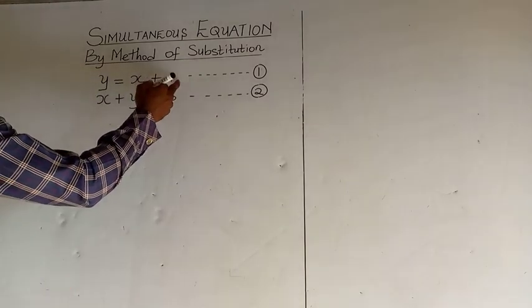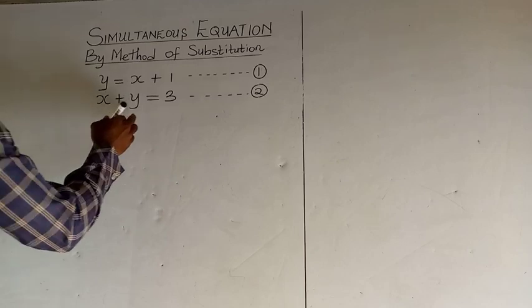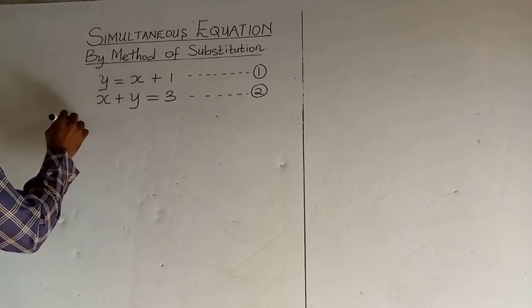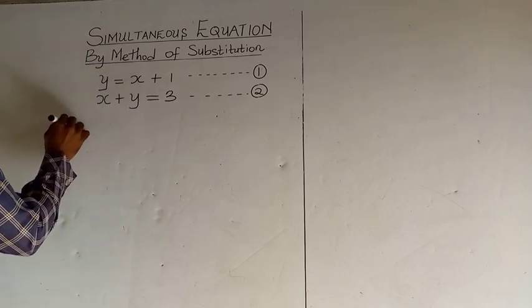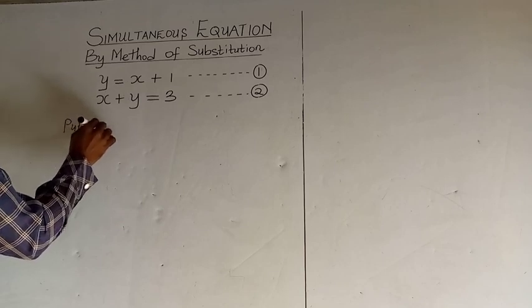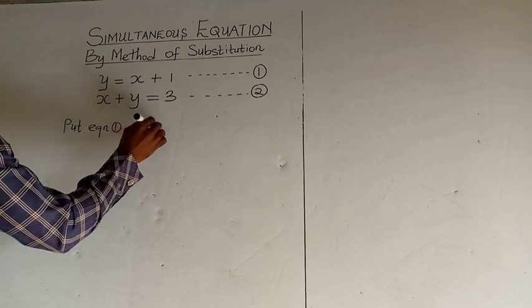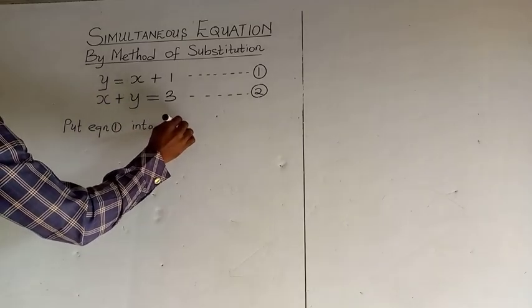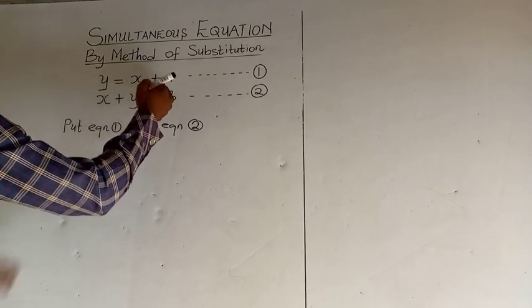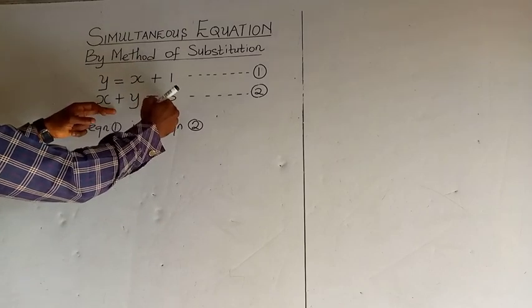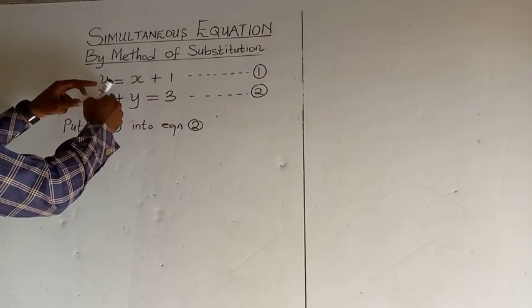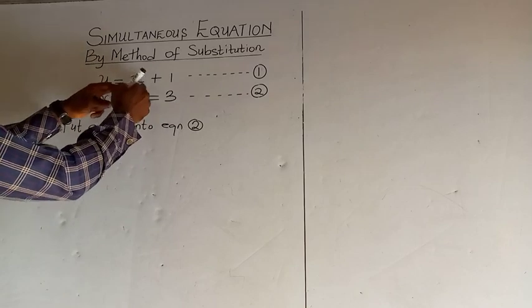We say from equation 1, we put equation 1 into equation 2. And we put the whole of this into this. That is, anywhere we see y, we put x plus 1.